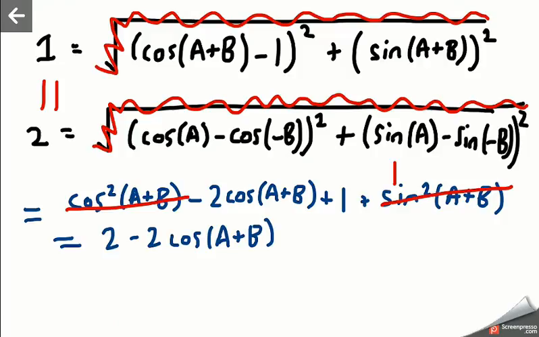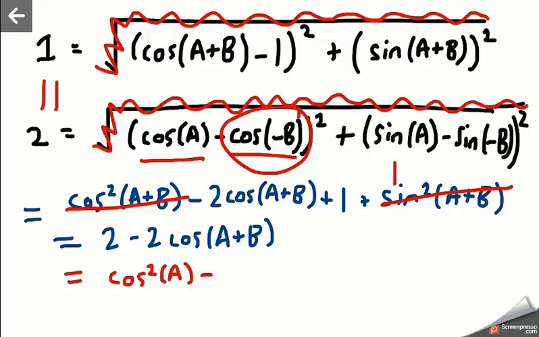The second one, we're going to expand in the same way. So cosine of A minus cosine of negative B squared is going to be equal to cosine of A squared minus 2 times cosine of negative B times cosine of A. Well, cosine of negative B, because cosine's graph is symmetric about the y-axis, doesn't matter whether you put a negative or a positive number in there, it's going to be the same as long as the absolute values of those numbers are the same.